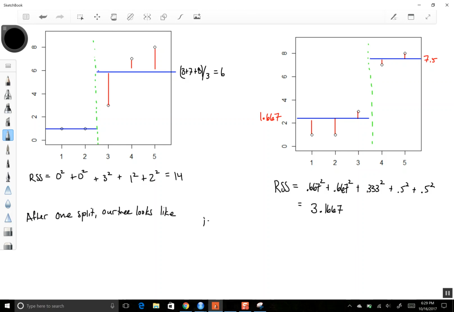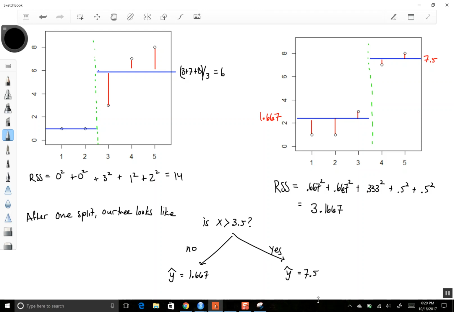Is x greater than 3.5? If the answer is no, then our predicted y hat is 1.667, and if the answer is yes, our predicted y hat is 7.5.